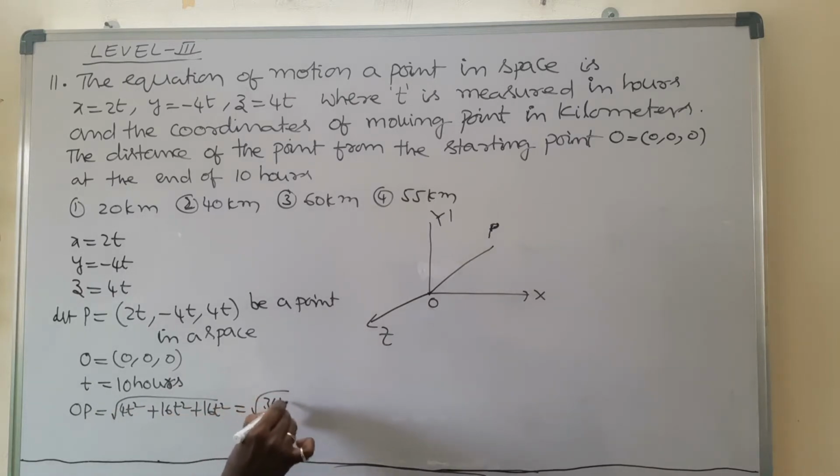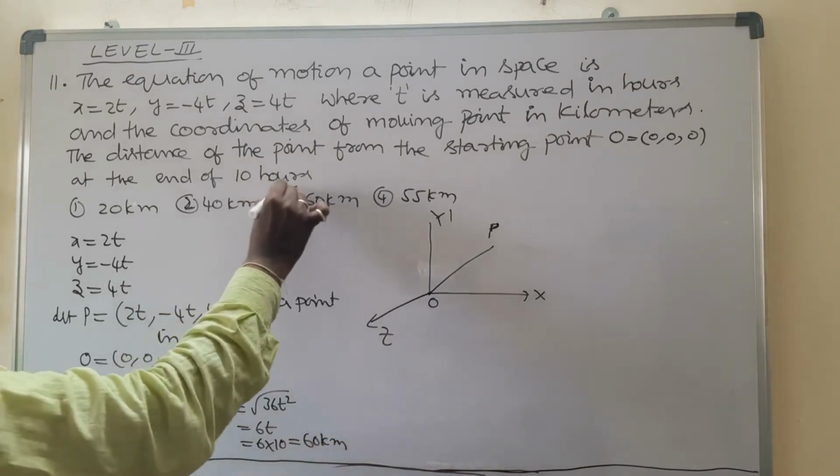Square root of 36t square is 6t. Here t is 10, so 6 into 10 is 60 kilometers. This is the answer. The third option is correct.